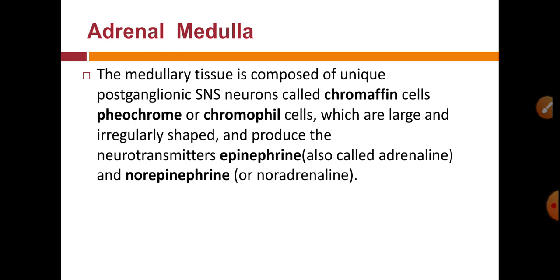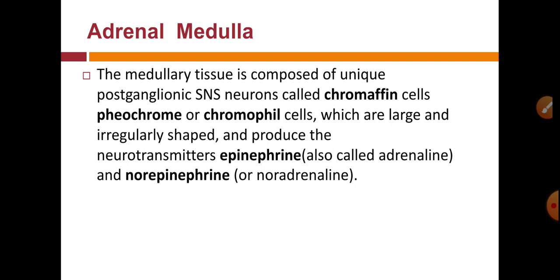These cells are large in size but have irregular shapes, and they produce neurotransmitters such as epinephrine and norepinephrine. Epinephrine is also called adrenaline and norepinephrine is also called noradrenaline.